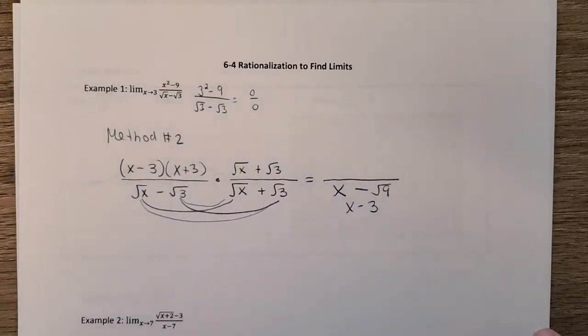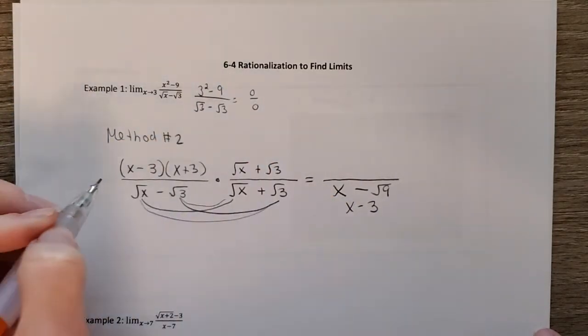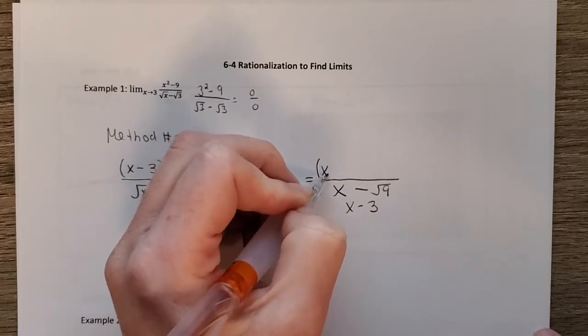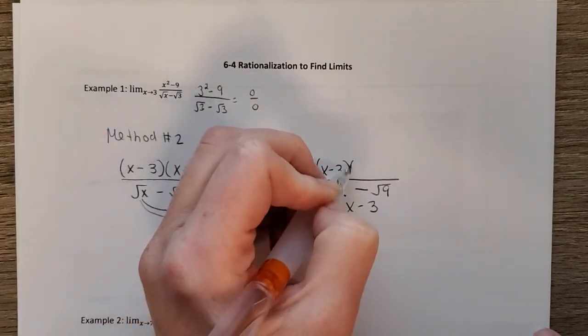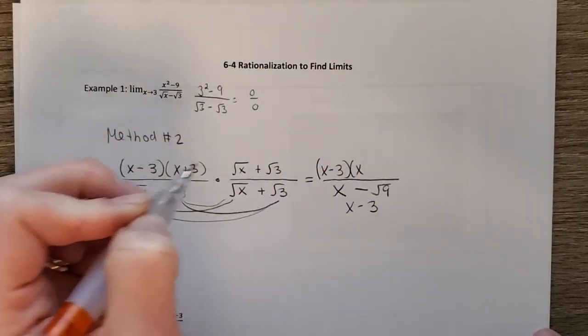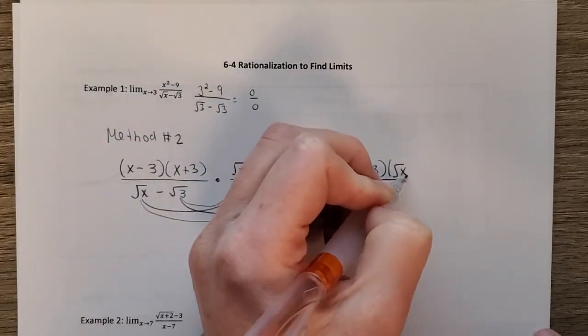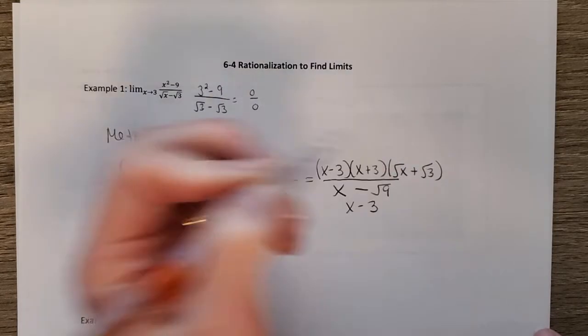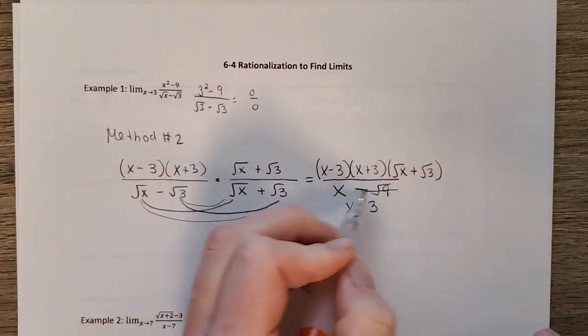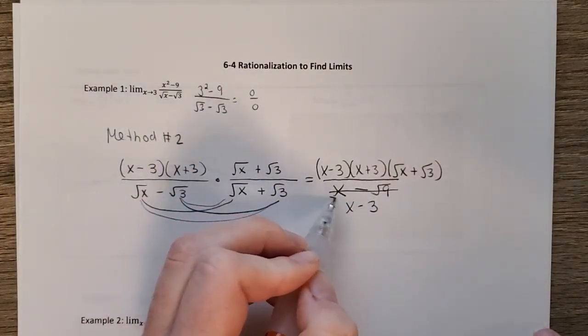So we rationalized our denominator. For our numerator, we're just going to write it all out, not actually multiply. So we have x minus 3, x plus 3, and then radical x plus radical 3. And we should see that the x minus 3 cancels.